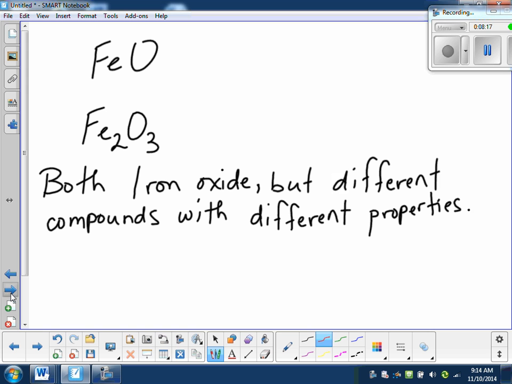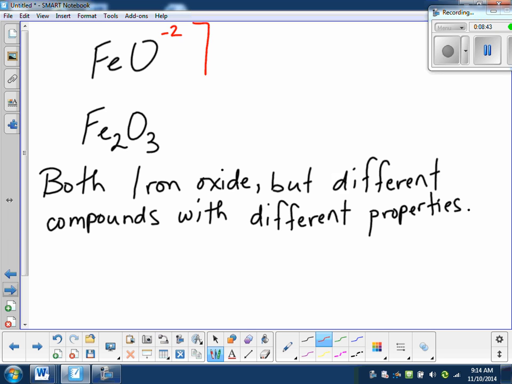Can you tell me the name or the charge of oxygen? What's the charge of oxygen in almost all of its compounds? Peyton? -2. So if oxygen is -2, what must be the charge of iron in this compound if it takes one iron to cancel out one oxygen?